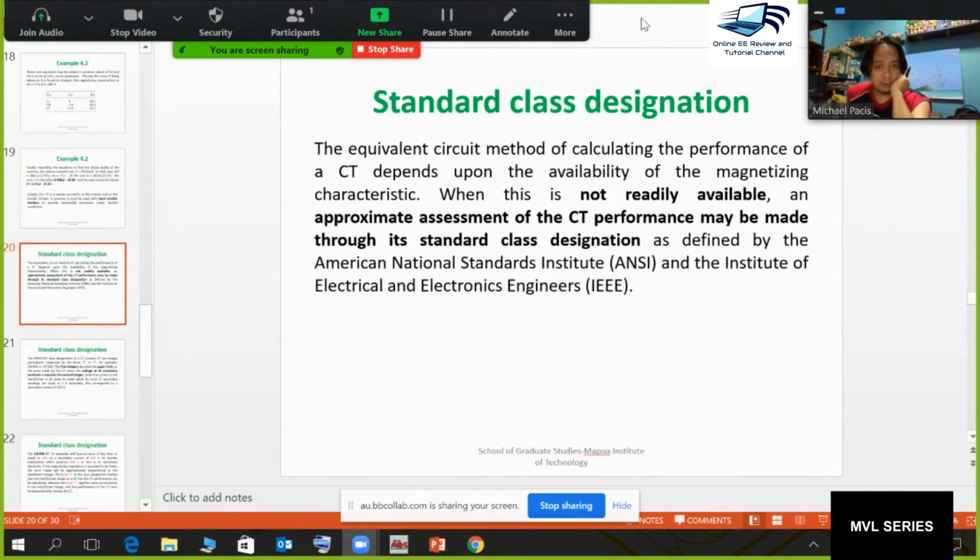The equivalent method of calculating the performance of a CT depends on availability of magnetizing characteristic. And when this is not readily available, an approximate assessment of the CT performance may be made through its class designation. It is defined by the ANSI standard and by the IEEE.